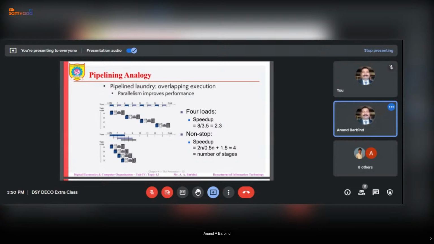Whereas if it is done in pipelining, parallelly, then how many hours are required? 6 p.m. to 9:30 p.m. 3.5 hours. Okay, only 3.5 hours are required. So almost half of the time is required. A lot of time is saved here when we use pipelining.